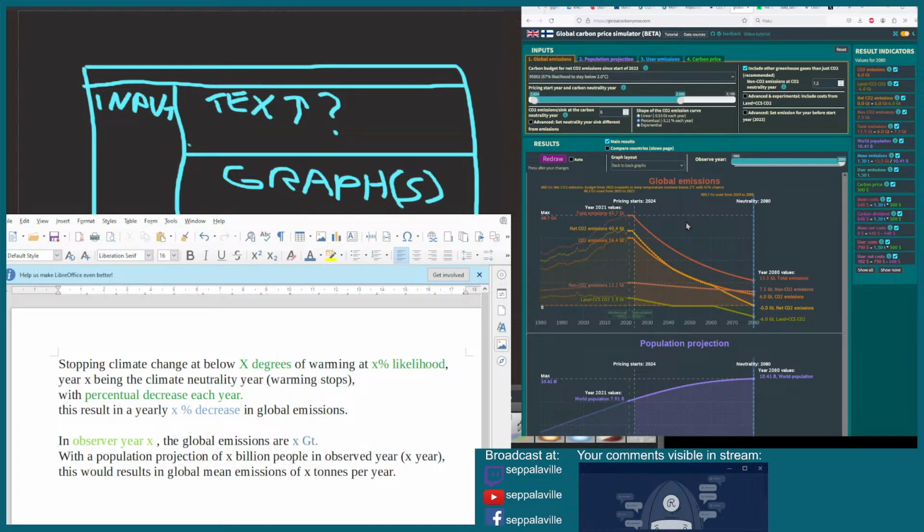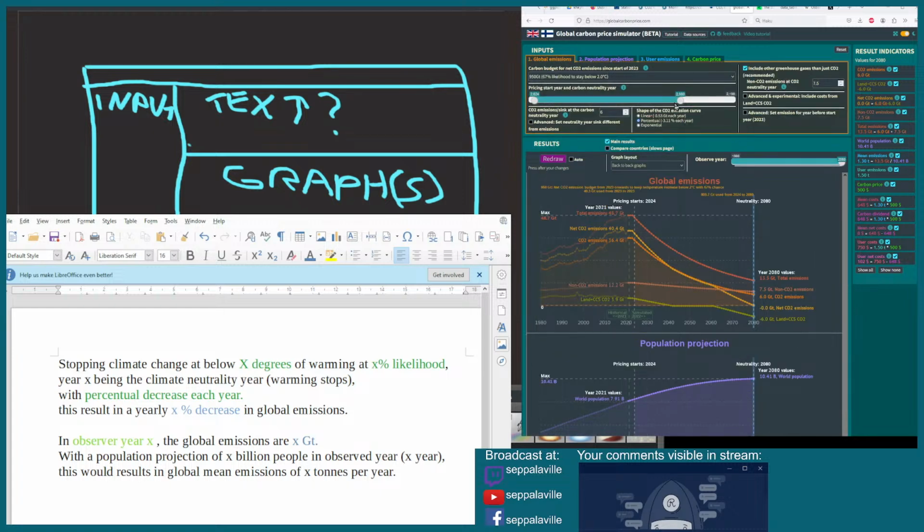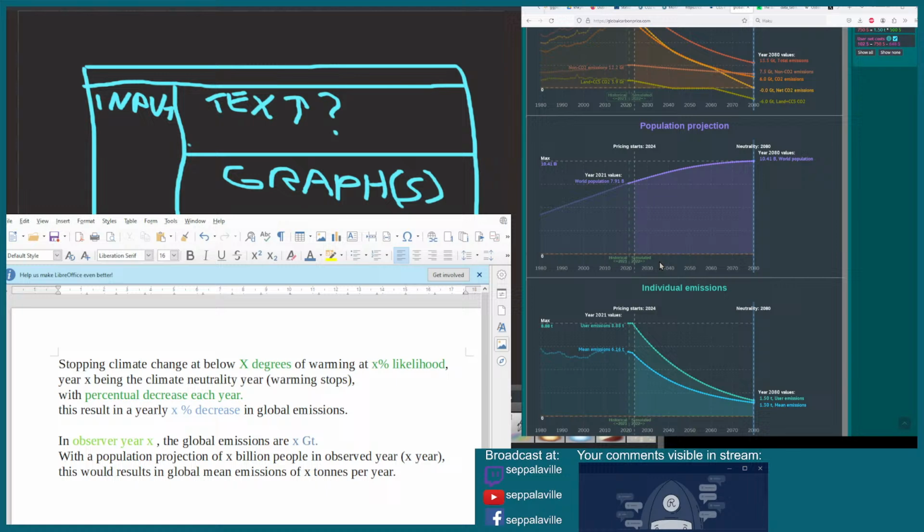Especially, depending on your browser height, if you have a not so tall browser window, it's not so easy to see how your choices affect the results and the graphs without scrolling down here first.